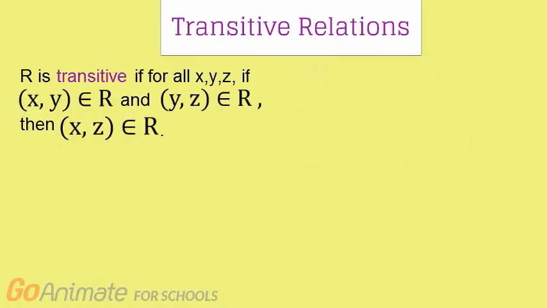A relation R is called transitive if whenever X is related to Y, and Y is related to Z, then X is related to Z, for all X, Y and Z in the set.